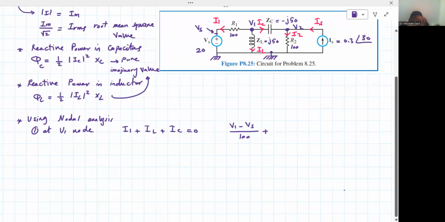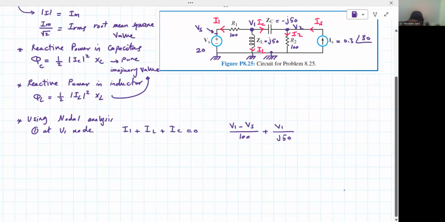IL is much easier because the second node here is 0, and it goes from V1 to the ground. So it's V1 minus 0 over ZL, which is J50.